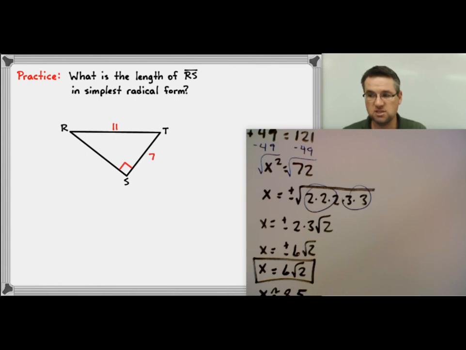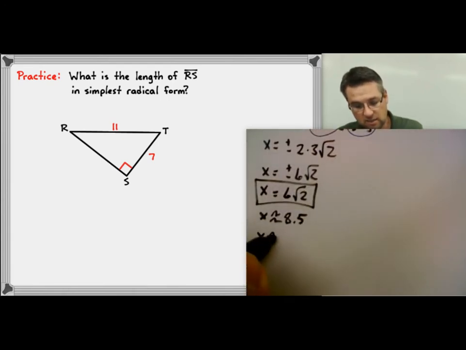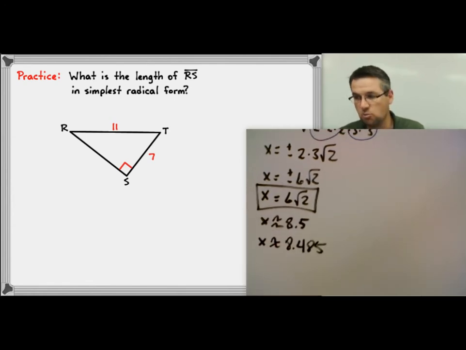So we could represent it one of two ways, either simplest radical form or decimal form. If we're going to do decimal form, it might be best to type it into our calculator. So we would type in the square root of 72, and we end up with 8.485 to be more exact. X is approximately 8.485. 8.5 was actually pretty close there.